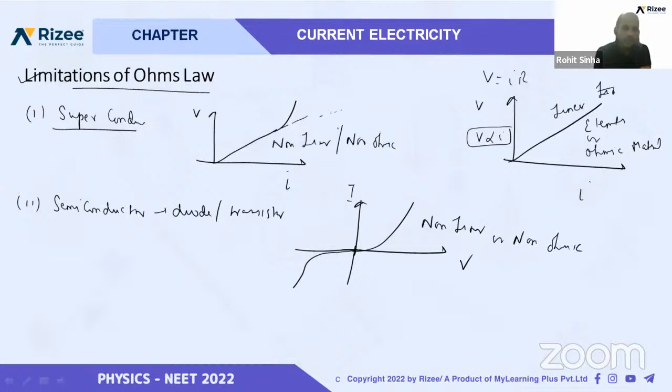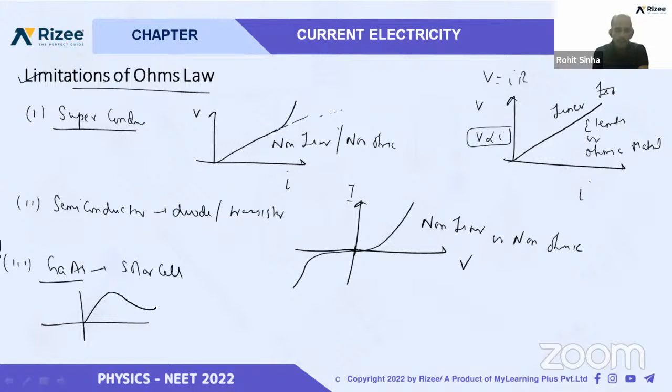Third example: one material is gallium arsenide. It is usually used in solar cells. It also has this type of behavior, not varying linearly, so we say it is also a non-linear element.